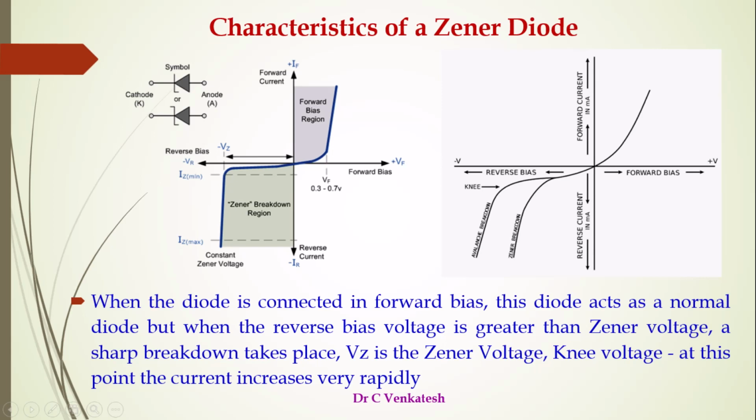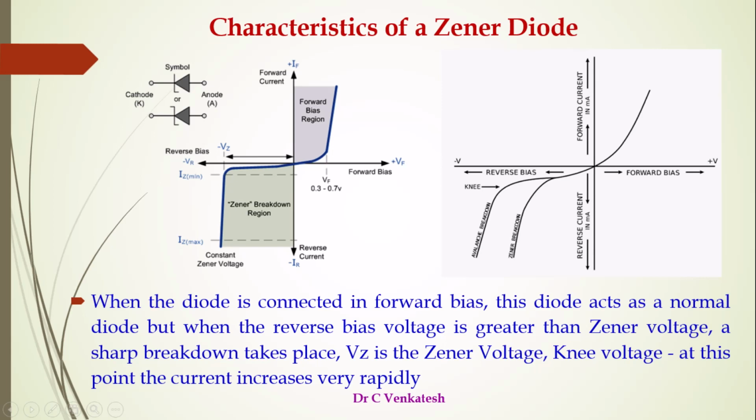Characteristics of a Zener diode. It consists of two parts of the characteristics. Similar to our PN junction diode, here also there are forward bias characteristics and reverse bias characteristics. The forward bias characteristics of a Zener diode are similar to those of a PN junction diode.